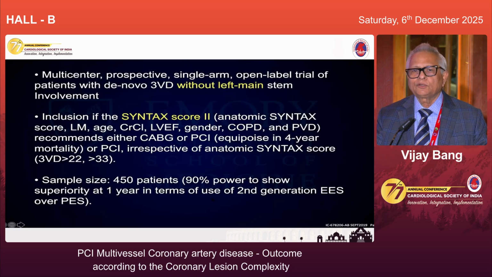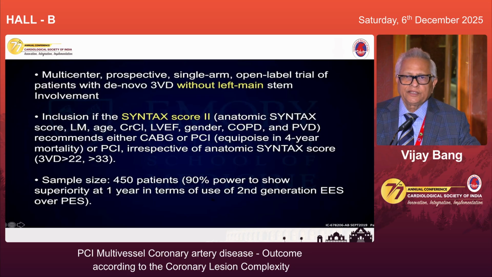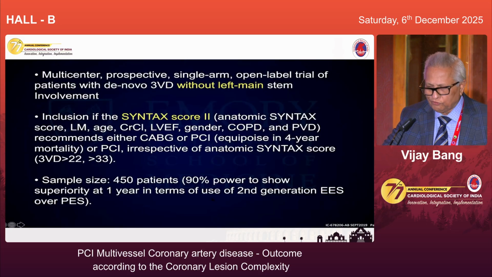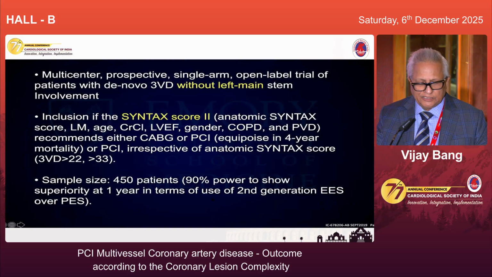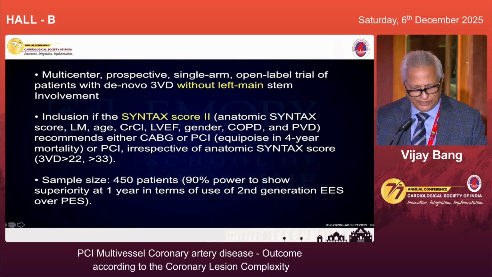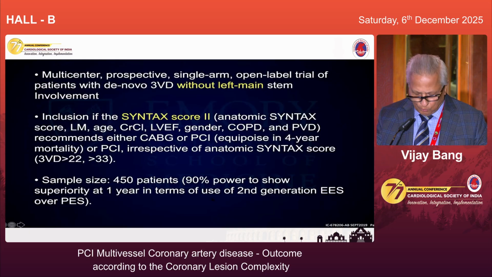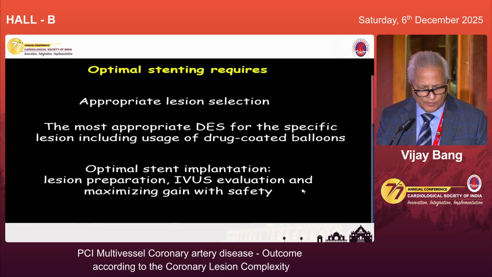So we should have one more study comparing the result of current state-of-the-art devices that we have. And this is a multicentric study done in a without left main setting, using SYNTAX 2 score, about 450 patients.